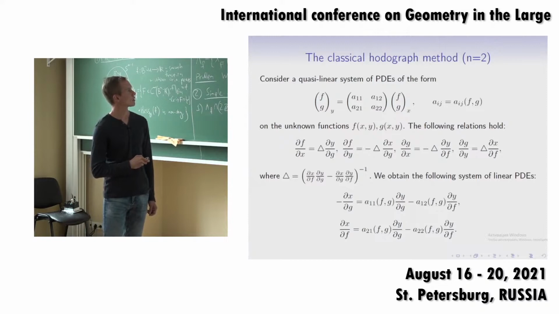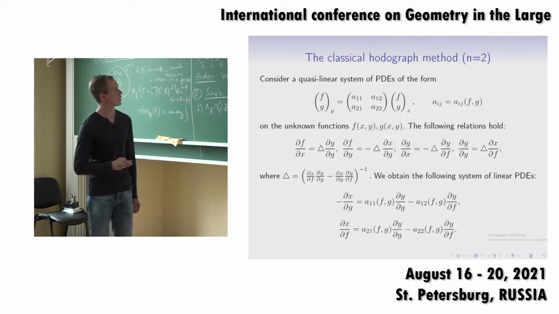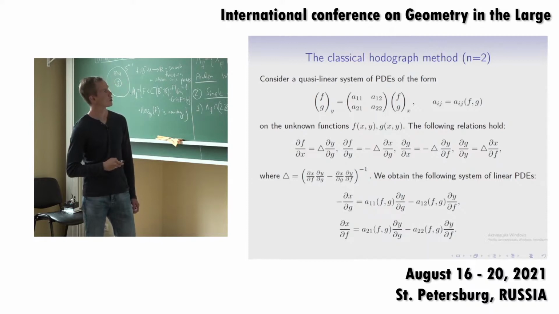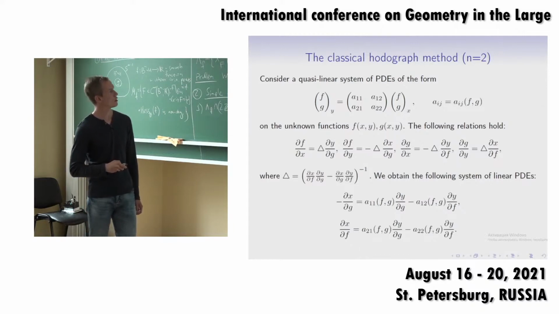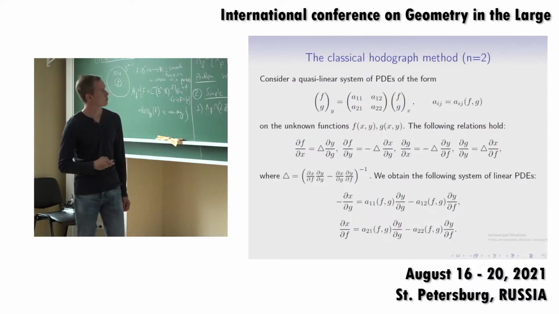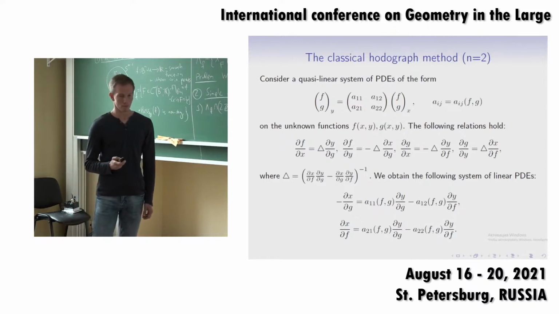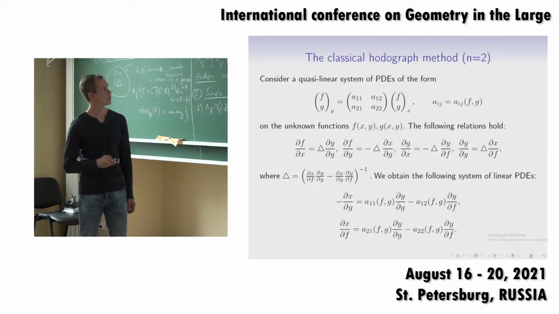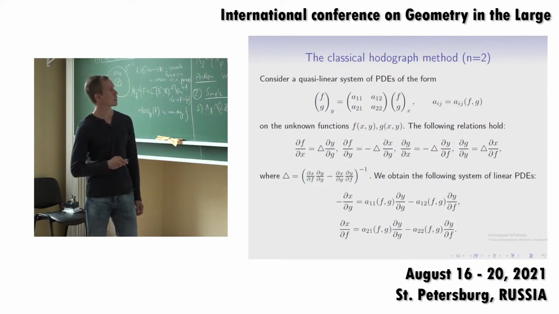It deals with a quasi-linear system of such a form. We have two unknown functions, f and g, which depend on two variables, x and y, and the coefficients are just functions of f and g. The idea is that we just interchange the unknown functions f and g and the independent variables x and y.